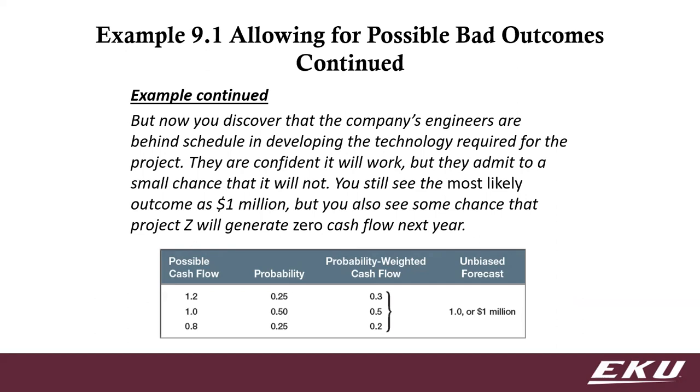Sorry, I need to state that clearly. If you just multiply those possible cash flows times the probability of that cash flow, we can add those, and it would give us our forecast of what we think we're going to have for the next period. So in this case, we still expect to get $1 million. We just know that instead of a guaranteed million, there's only a 50% chance it's exactly $1 million, and then it could be plus or minus 200,000.